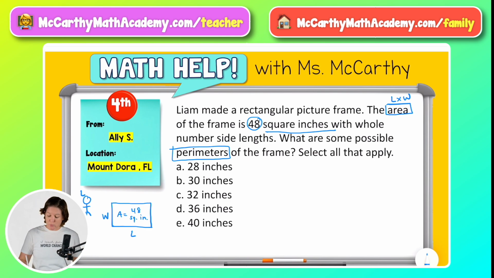The question says, what are some of the possible perimeters of the frame? I want to make sure that we understand the difference of the perimeter and the area of a rectangle. I'm going to do that using my perimeter and area song. Let me be of some assistance. Perimeter is the distance or length around like a yard fence.